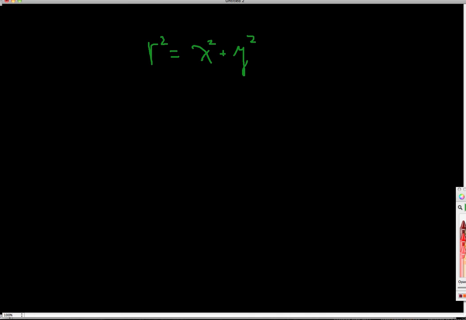So here's our right triangle. This is side y right here, this is side x right here, and this is side r right here. We know by the Pythagorean theorem that this squared plus this squared is equal to r squared. x squared plus y squared is equal to r squared. That's what I have right here.